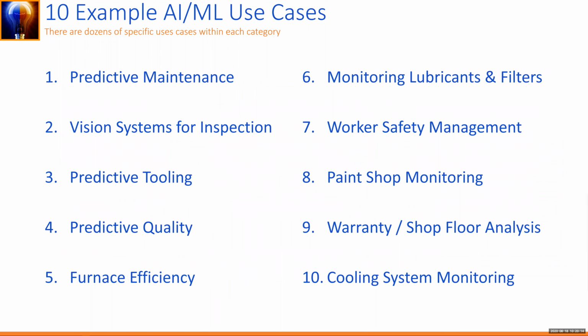So from that basic process, there are a number of different ways to use that capability on the shop floor. Now, OEE systems, and I've worked with a lot of them, will tend to focus on this first one here, predictive maintenance.